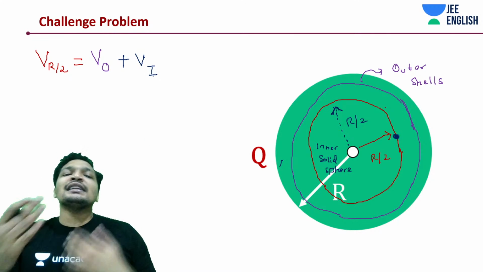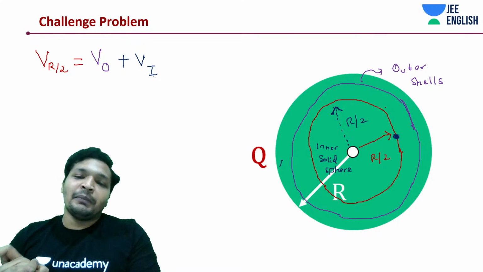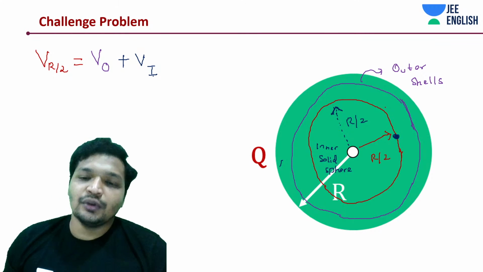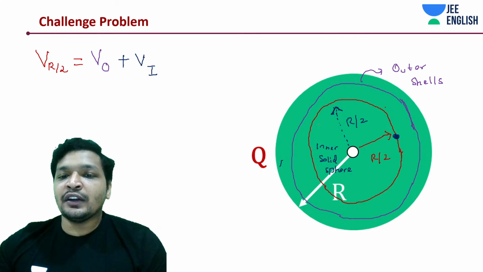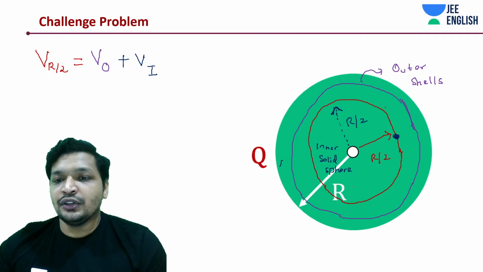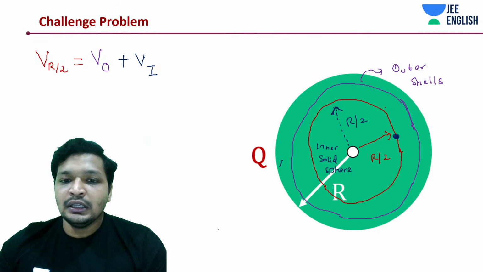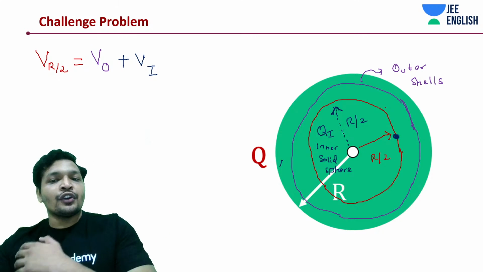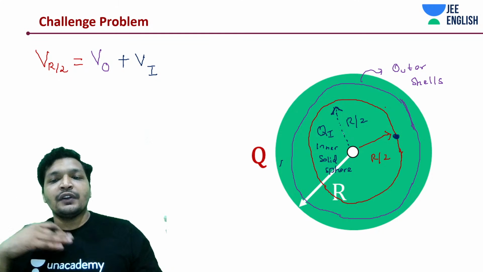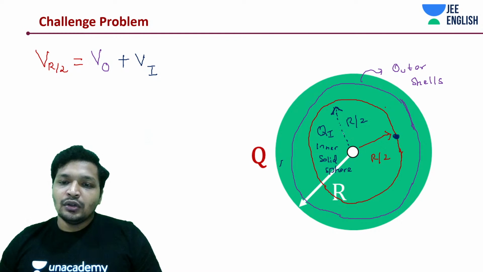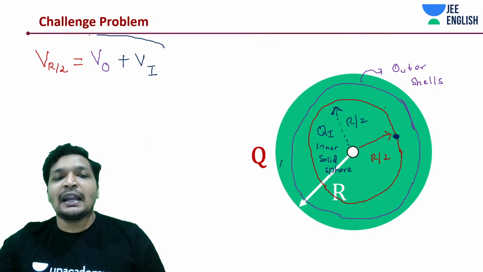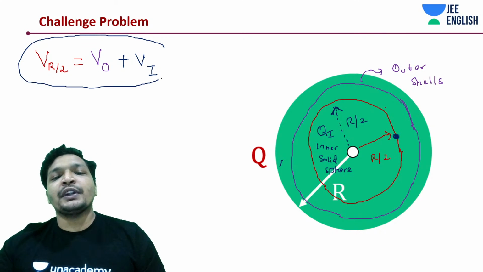V inner is basically KQ by r by 2, where that Q is going to be Q inner. So we first need to find out how much of the charge is present in the inner sphere and calculate it. Q outer you are going to integrate from r by 2 to r, and then add up both these potentials.